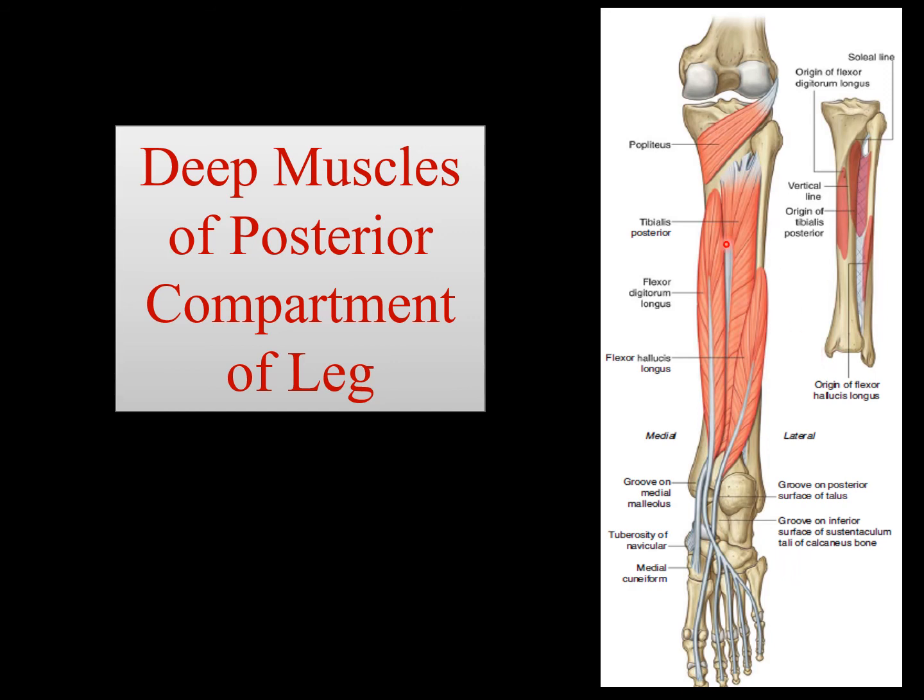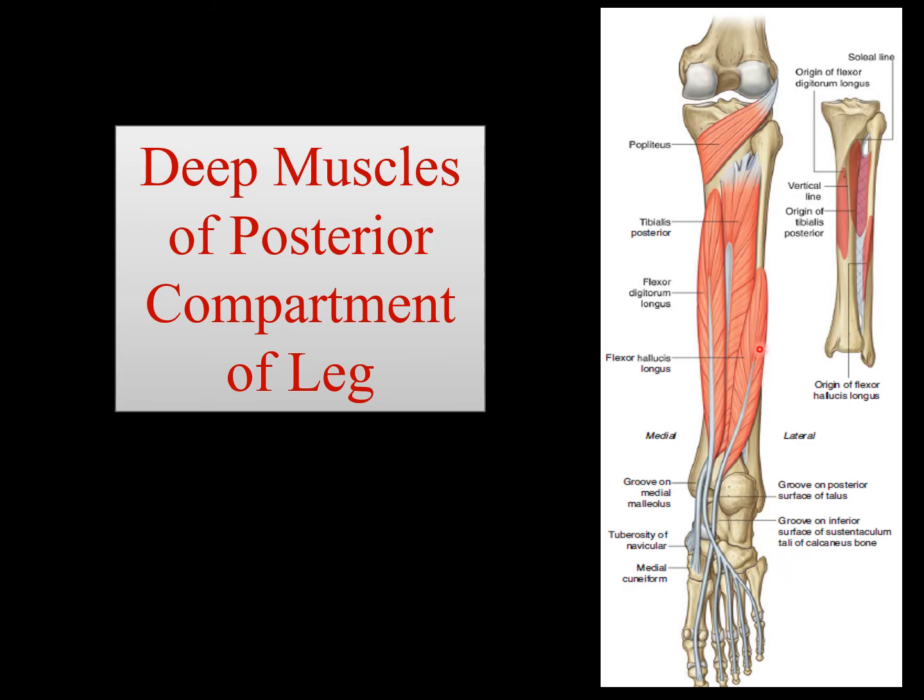Now here we can see the muscles. This is flexor digitorum longus, which is on the medial side. Then after that we have tibialis posterior, and then we have flexor hallucis longus.